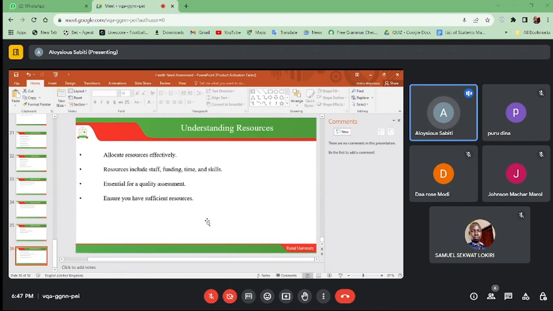Similarly, if you are allocating funding, you should be able to allocate them effectively, but also time and skills, essential for a quality assessment. And you also need to ensure you have sufficient resources as well in your implementation of this needs assessment.